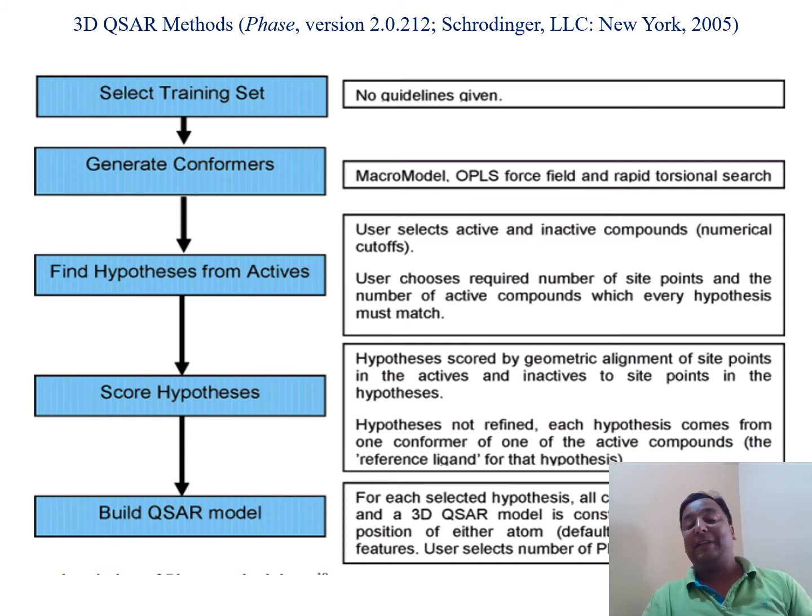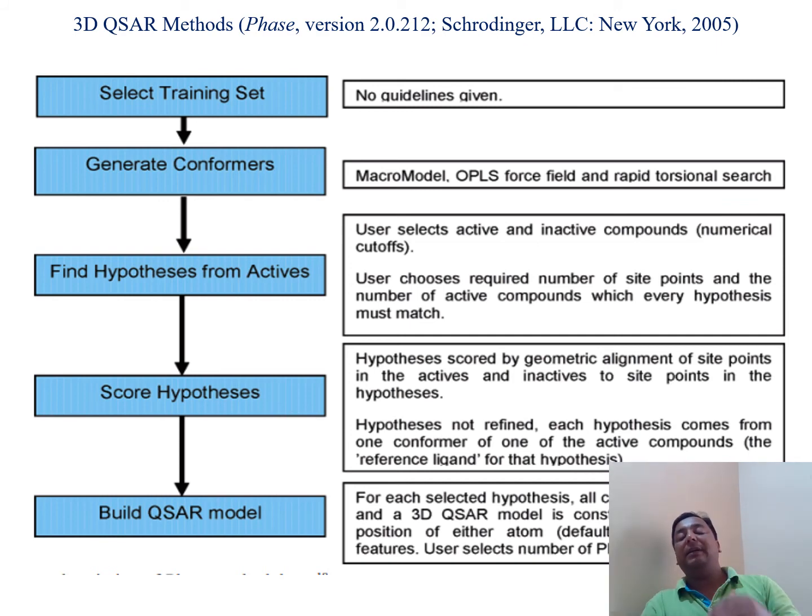The training set may have both active and inactive compounds, and the test set also in a similar fashion, because we divided into training and test sets at the beginning itself. Once we score each hypothesis, each hypothesis has its set of compounds.